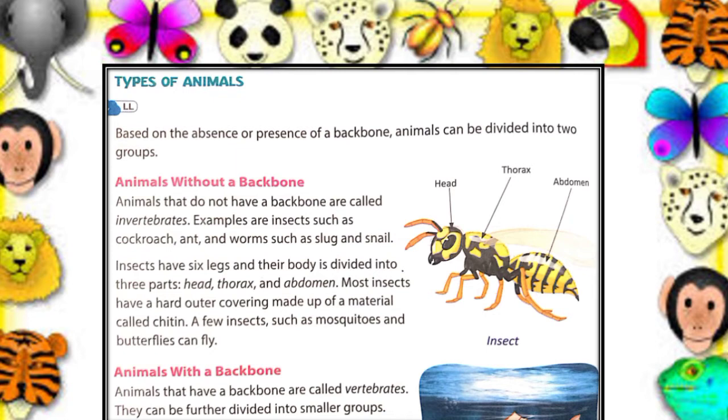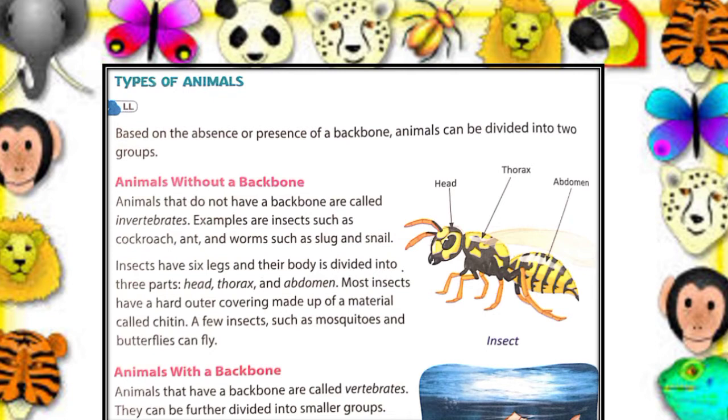Invertebrates live in every part of the world. In fact, most of the animals on earth are invertebrates. Invertebrates come in all different shapes and sizes. So animals that do not have a backbone are called invertebrates, for example, insects such as cockroach and ant, and worms, and mollusks such as slug and snail.